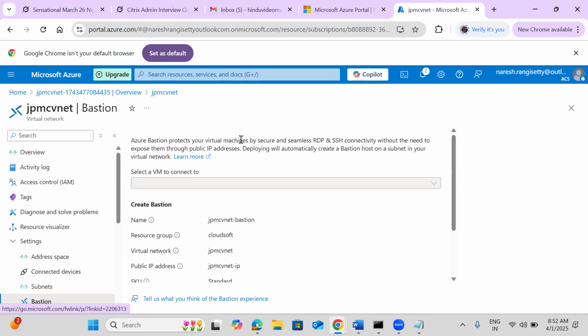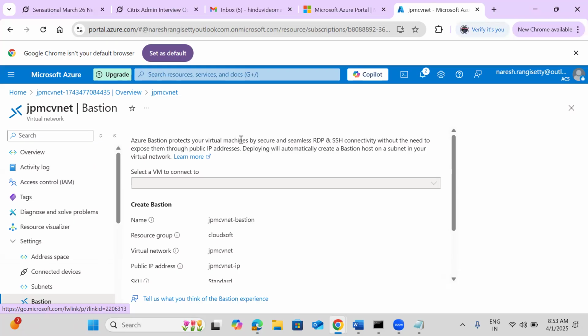Technically, first we create a Bastion host, and then we can connect to those VMs in the private subnet. We don't have a public IP, still I want to connect to that. That's possible through the Bastion host.